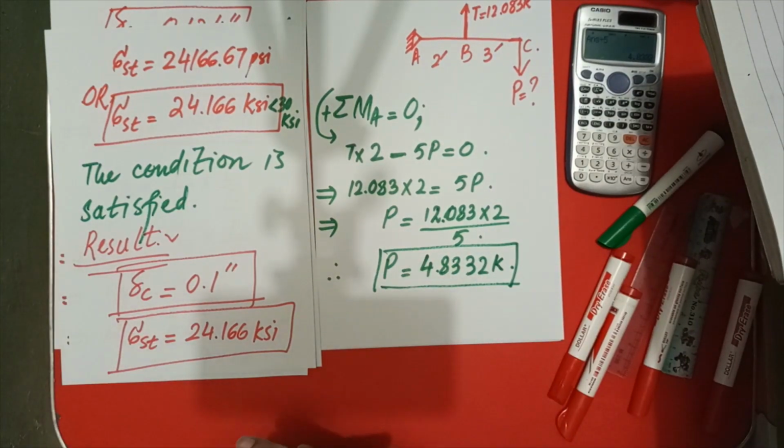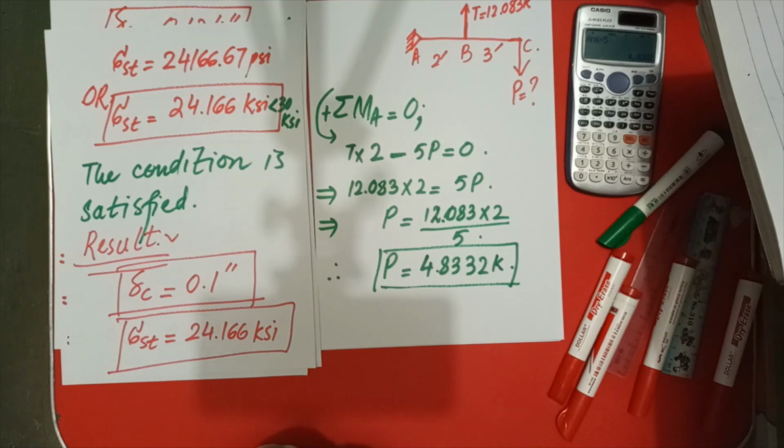So in this question, in the first step we have to satisfy the conditions. What are the conditions given in the question? There were two conditions: the deflection at C should not exceed 0.1 inches, and the stress of steel should not exceed 30 ksi.